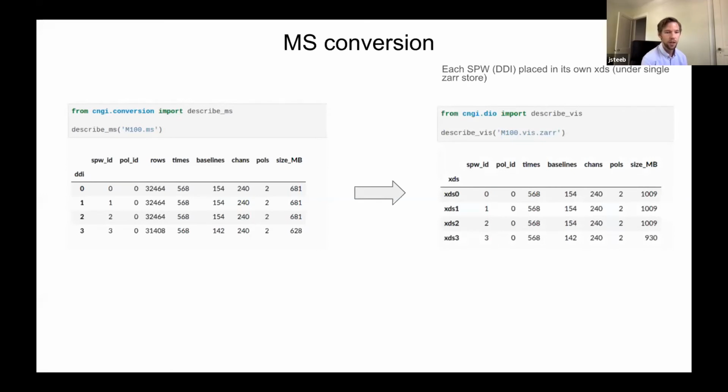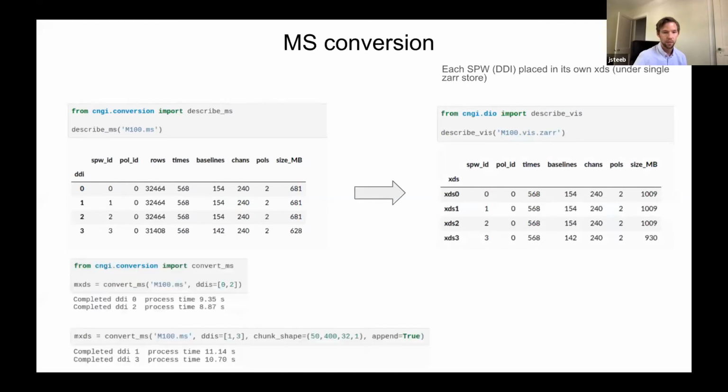That's a combination of polarization and spectral window setup. And at the end, when you do the conversion, you will get 4 XDSs. Okay, and then here is an example using the convert MS function, where we've selected we want DDIs 0 and 2, and then that will get converted. Of course, you can also specify the chunking shape you want for the data that gets produced.